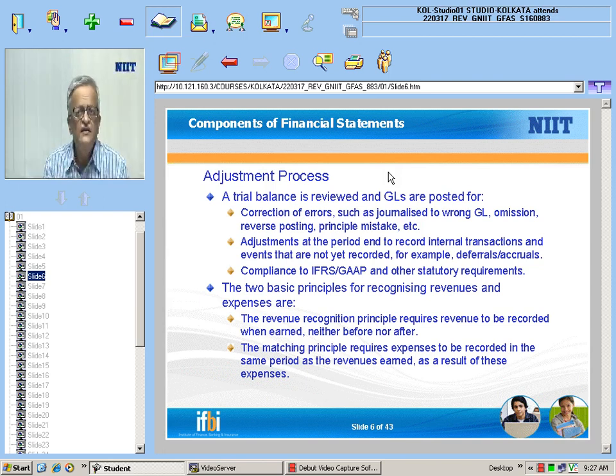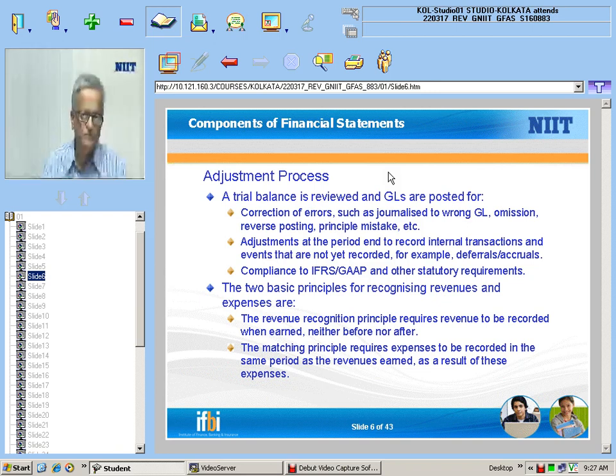Similarly, if there is a sales commission to be paid, then debit sales commission, credit expenses payable. You credit your liability account. So what has been done? All income that has accrued has been accounted for. Similarly, all expenses that have accrued have been accounted for.